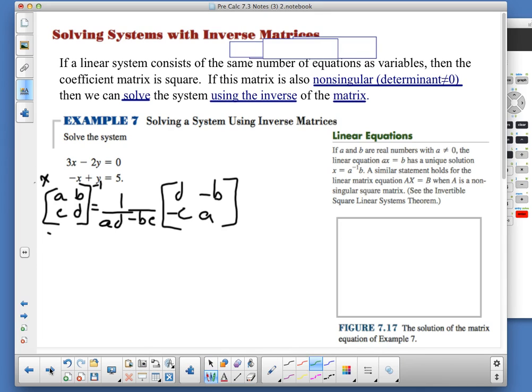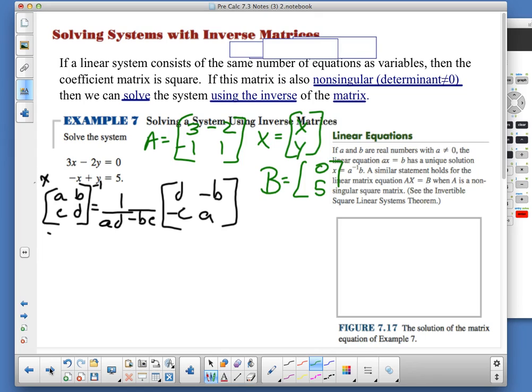So I'm going to define matrix A as 3, -2, -1, 1. I've got matrix X, which is just my unknowns, X, Y. And I also have a matrix B, which is 0, 5. So if I wanted to, I could represent this in symbols as AX equals B. I want to write out the matrix first so you see where everything goes to become the formulas we started with.